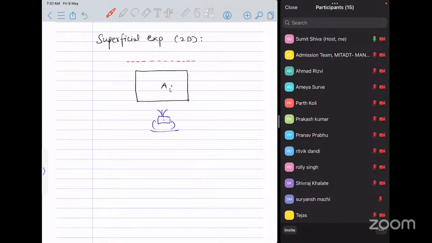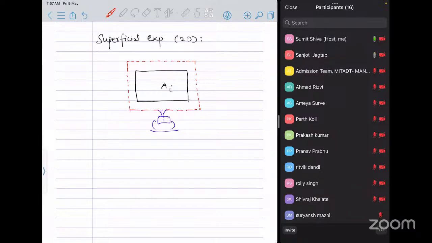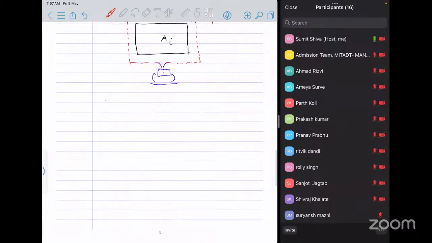There will be expansion in the x direction as well as in the y direction. Again, I am not interested in calculating the individual expansion in the x or y direction, but in the overall change in area of the material. After expansion, there has to be a different area. Let's say that area is A final. So the change in area will be delta A, which is A final minus A initial.